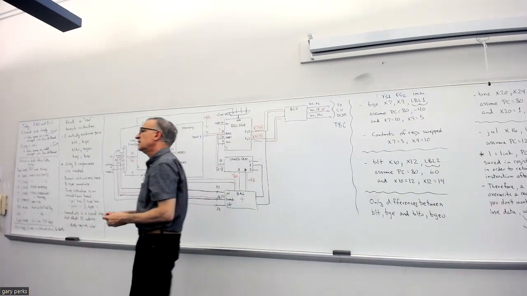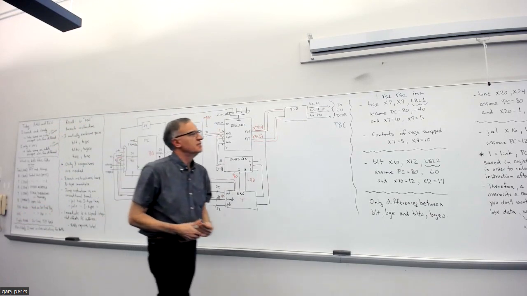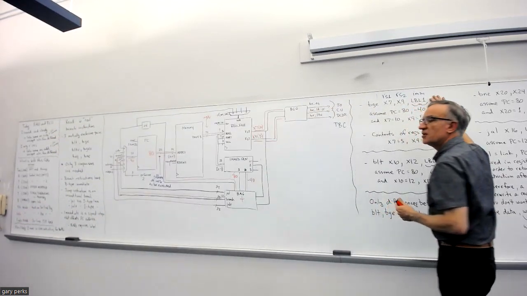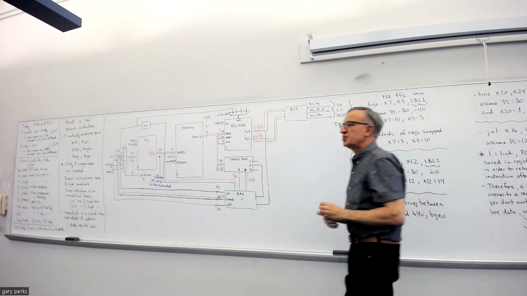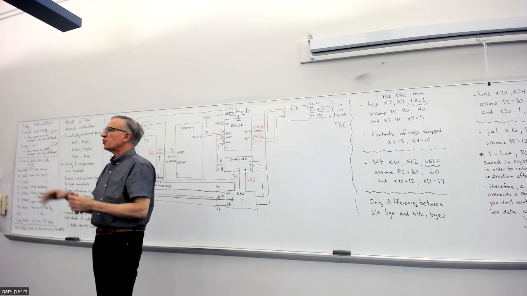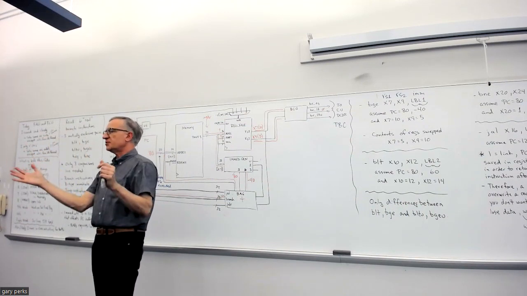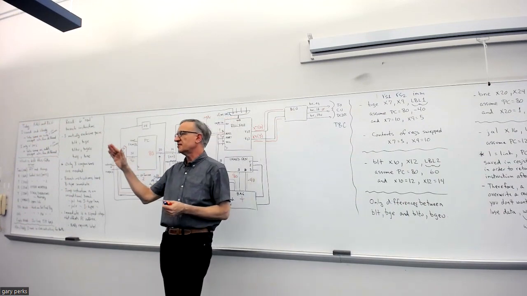So a branch label, it's not a register. No, this is just a number. It just represents a number. The reason for the label is just to make it easier for the programmer. Like we said before, RARS requires a label. If you try to put -40 in RARS, it's not going to like it.